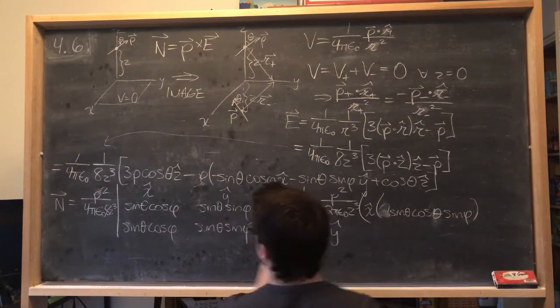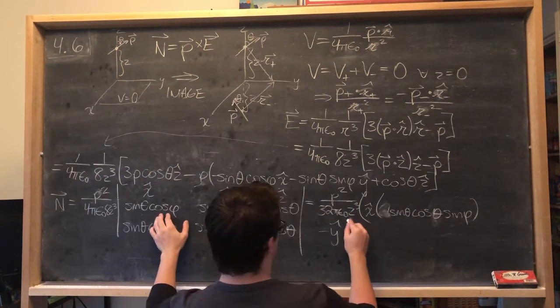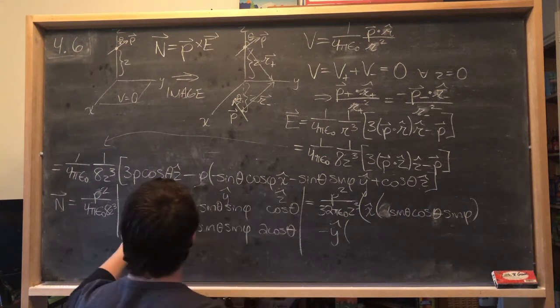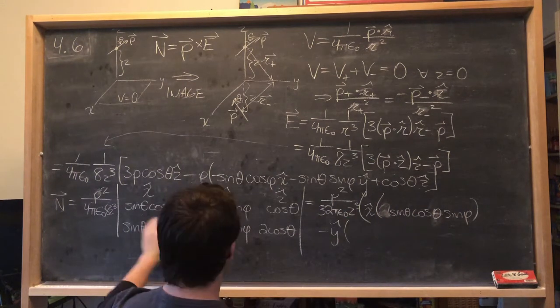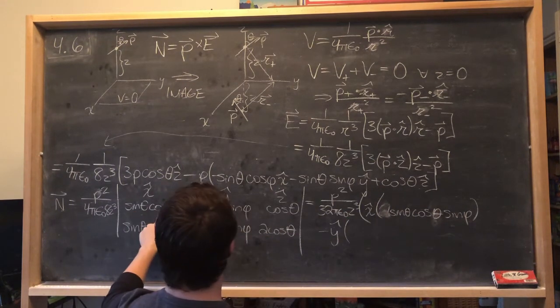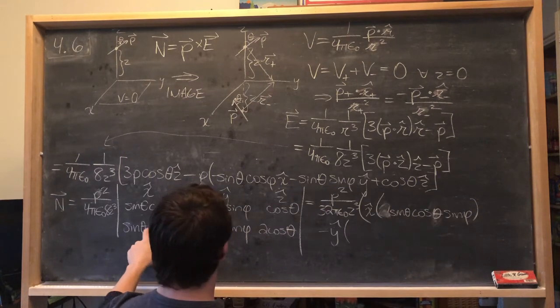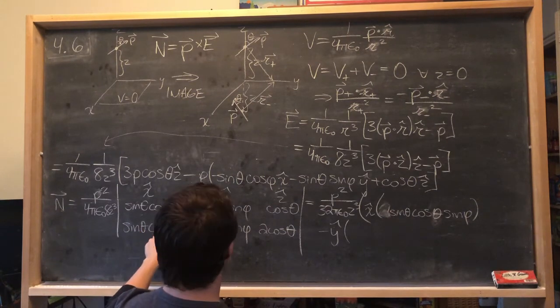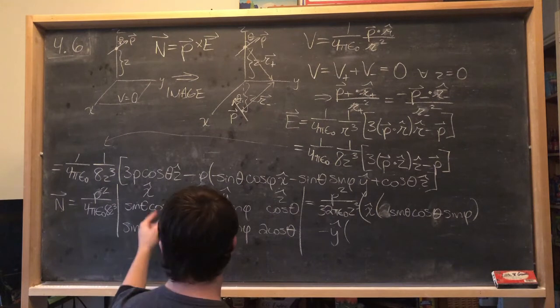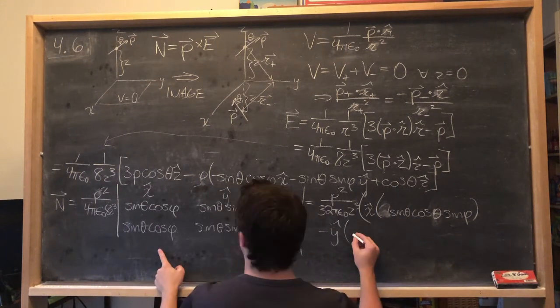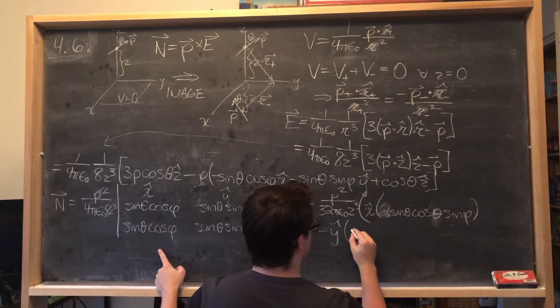Minus y hat, which is going to be sine theta times 2 cosine theta cosine phi minus sine theta cosine phi, which again should just be sine theta cosine theta cosine phi.